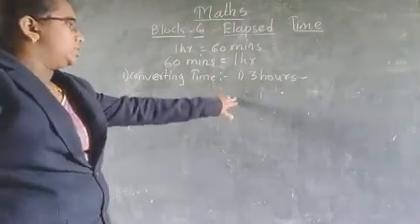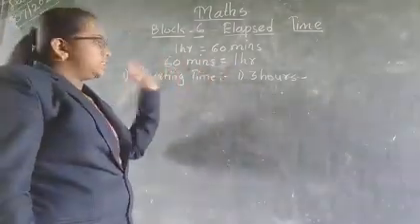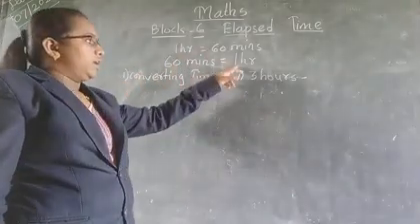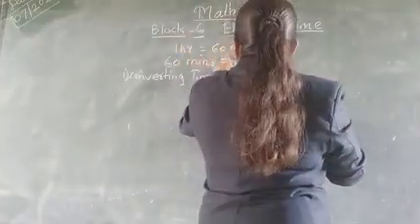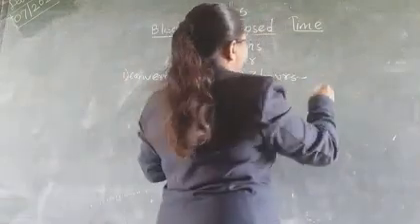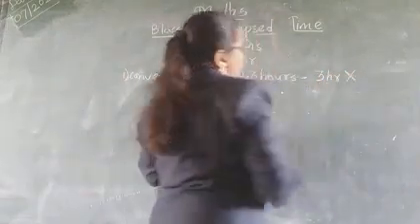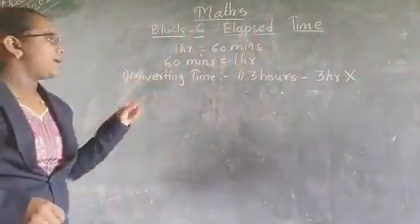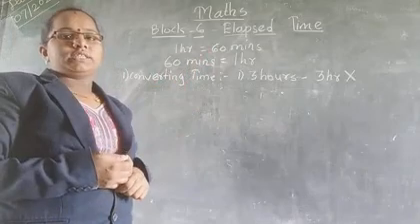You know that 1 hour is equal to 60 minutes. Therefore, 3 hours into, or multiplied by, 60. Why? Because 1 hour is equal to 60 minutes.